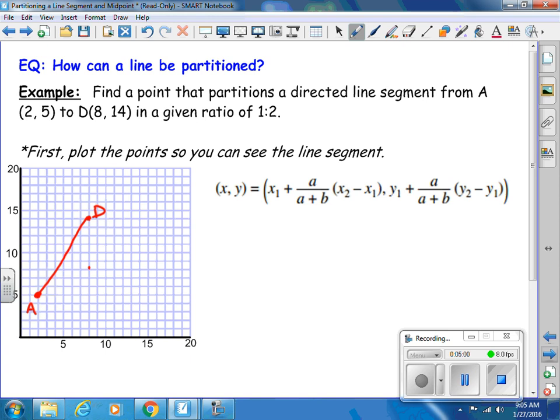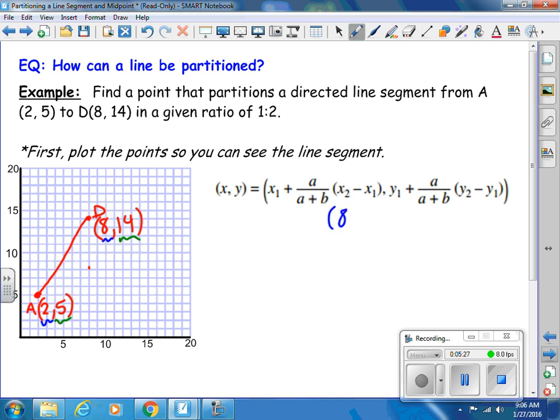First of all, let's write out our coordinate points. We have 2, 5, and we have 8, 14. I want to color code. This is my X, and we'll do our Y's in green. Let's start with our horizontal difference first, with our X's.